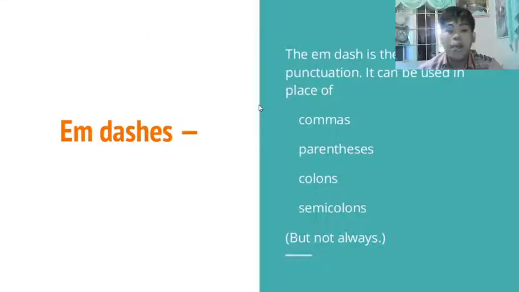Next and last is the em dash. If earlier it was en, this time it's em dash. The em dash is the wild card of punctuation. It can be used in place of commas, parentheses, colons, and semicolons, but not always. If you play Uno, we have what we call wild cards.